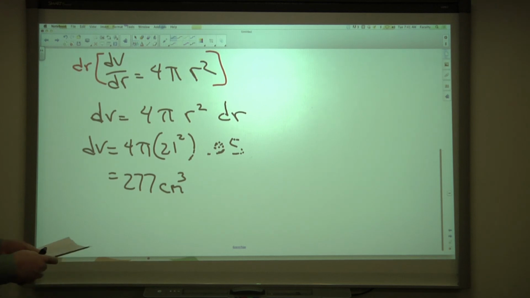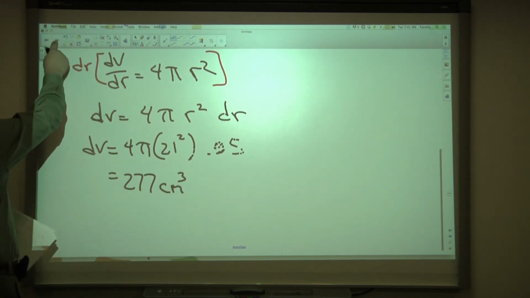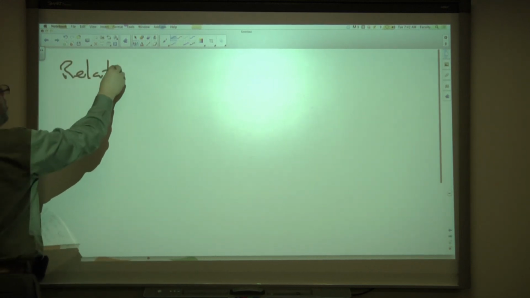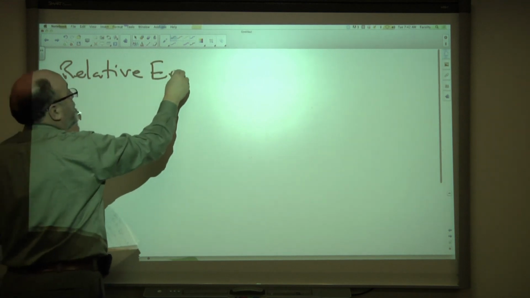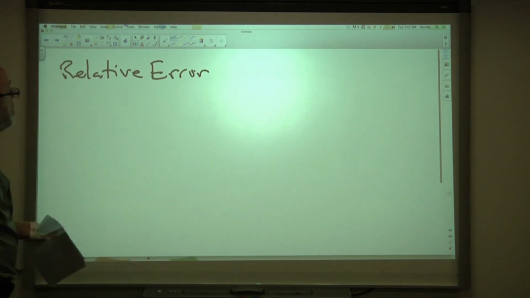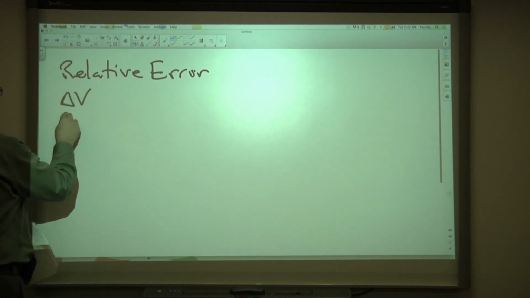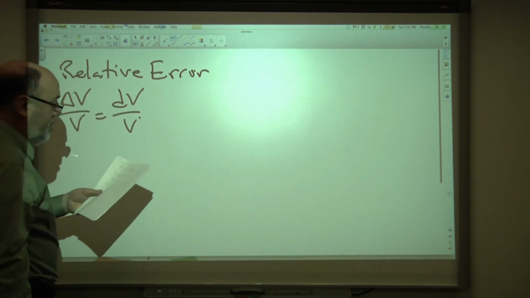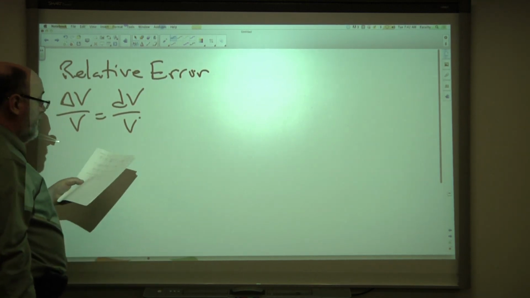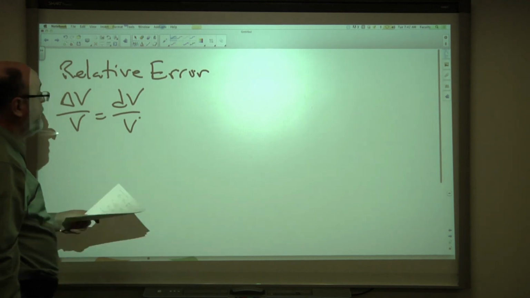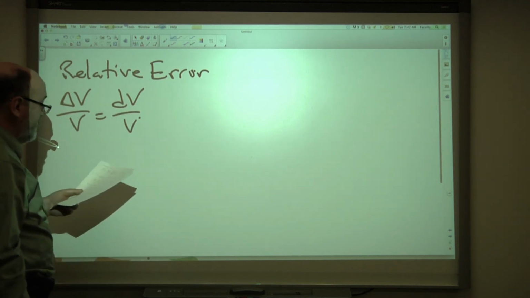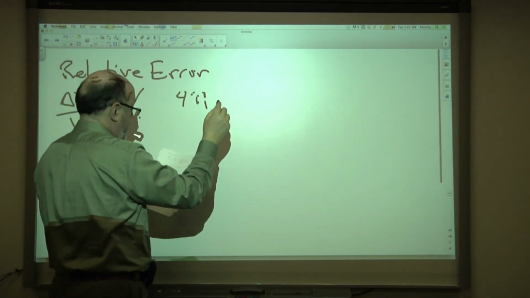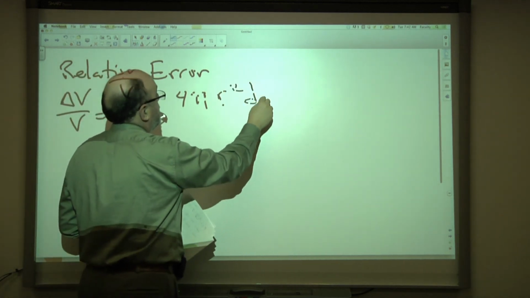So we can talk about the error in our measurements. So we got relative error and absolute error. So relative error, first off, and we'll go in regards to the problem we were just doing, would be the change in volume over V, which of course would be dV over V. And so that would be our change in volume, which was 277. Okay. So we said our dV was 4 pi r squared dr. Right?